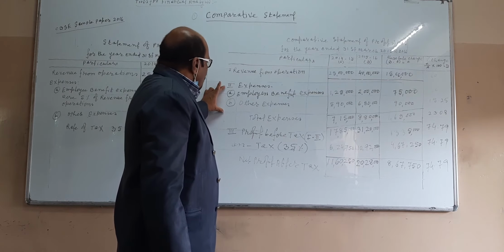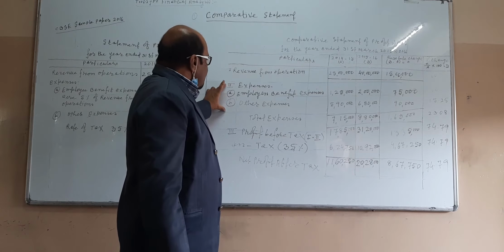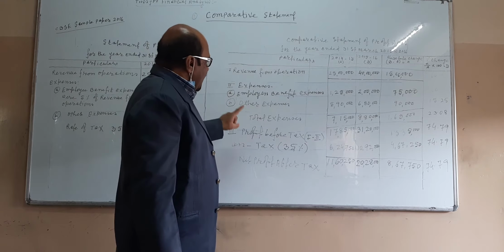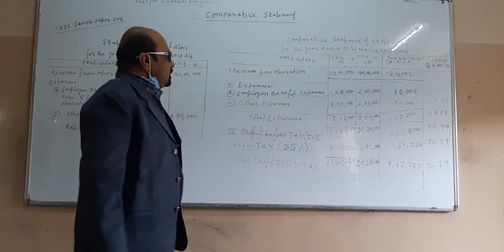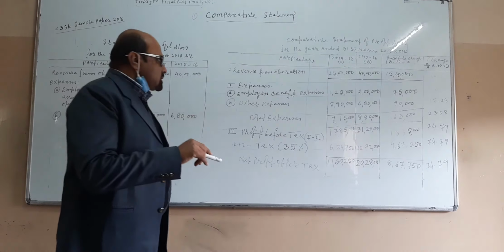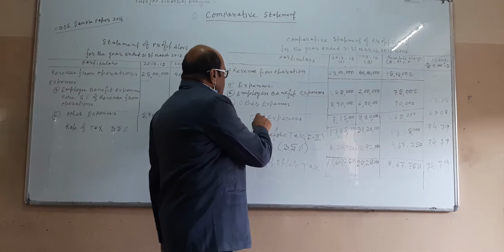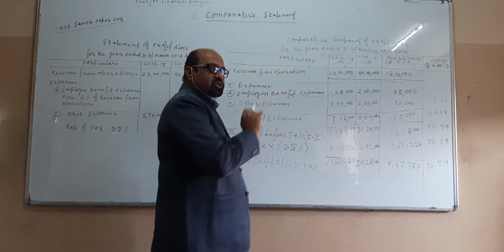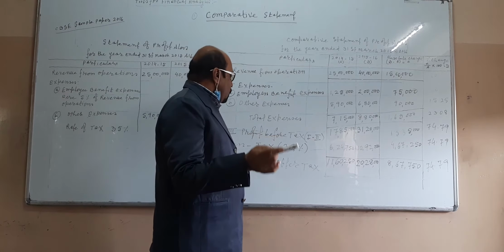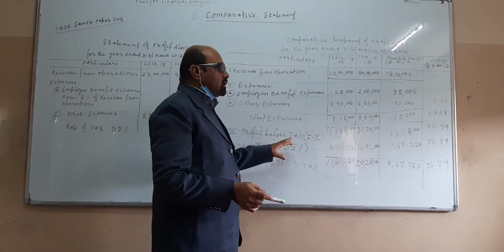So now you combine all the expenses at one place and you write total expenses. And the third thing is you deduct total expenses from revenue from operation. Then you will get what? Profit before tax.